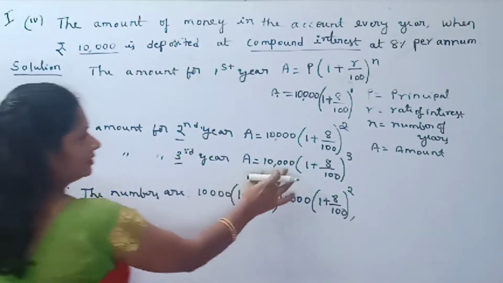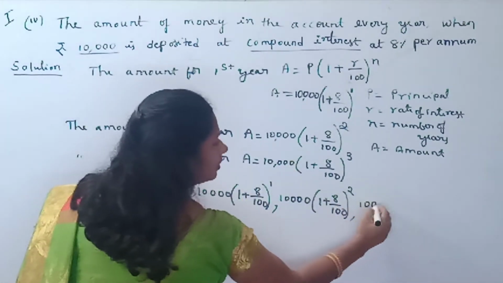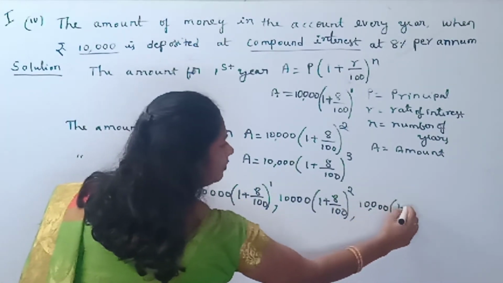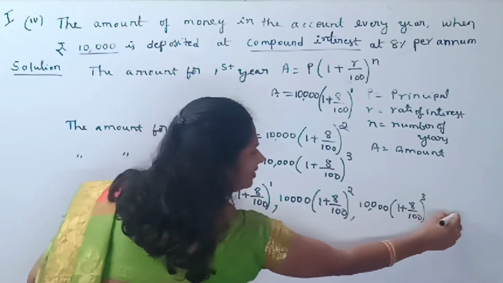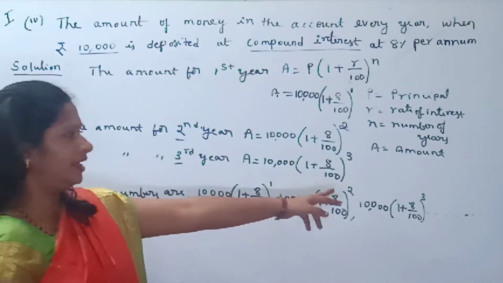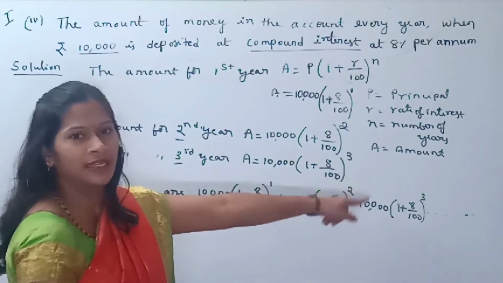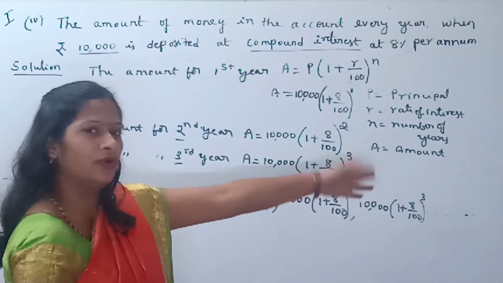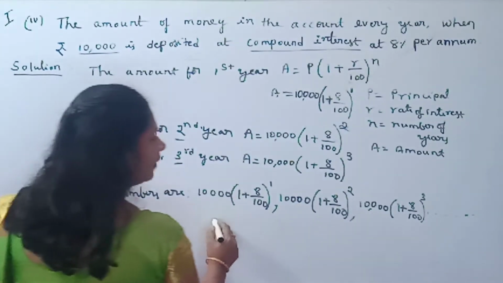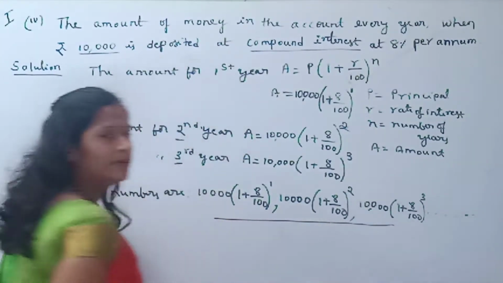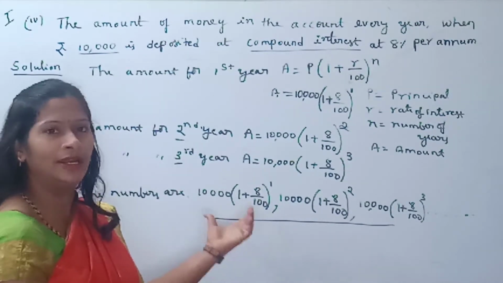Third number is 10,000 into 1 plus 8 by 100 whole to the power 3, and so on. So the next number is 10,000 into 1 plus 8 by 100 whole to the power 4, and so on. Is it clear? Now you have to find whether this list of numbers forms an AP or not.